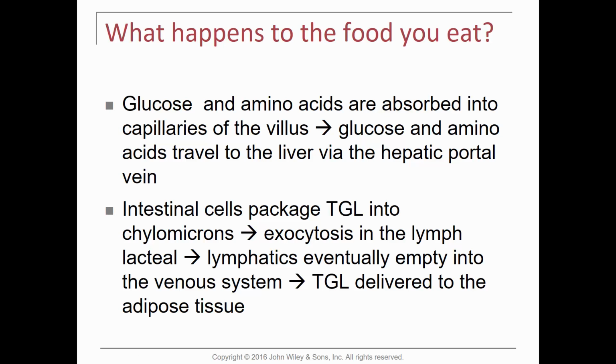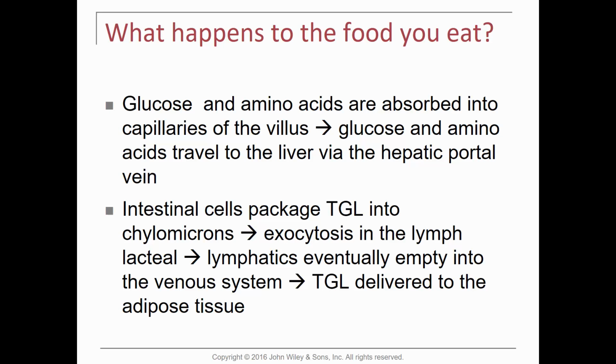All right. So what happens to the food that you eat? Glucose and amino acids are absorbed into the capillaries of the villus. Remember, they cross the luminal side of the cell, then the basolateral side of the cell, and they move into the capillaries. That glucose and those amino acids travel to the liver by way of the hepatic portal vein.